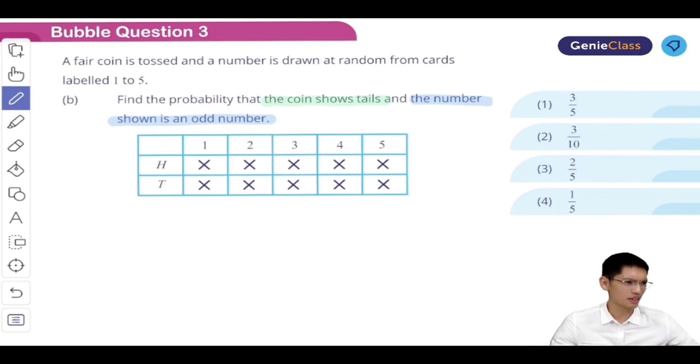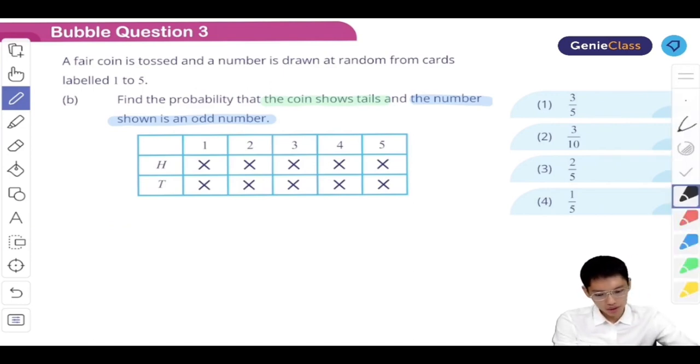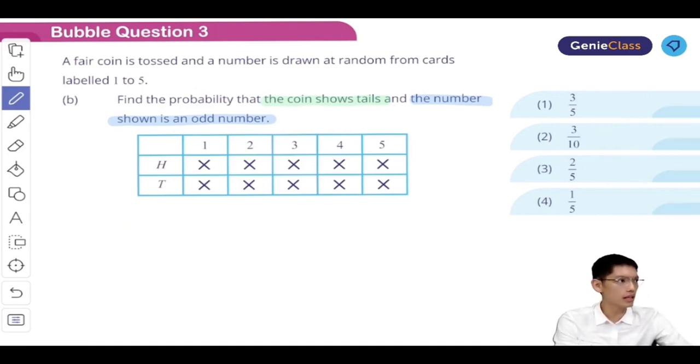At the starting, most of you fell into the trap. Take note, now there are 2 events occurring at the same time. So how should I do it? Tails and odd numbers. Last 40 seconds. Tails and odd number. What should I have?